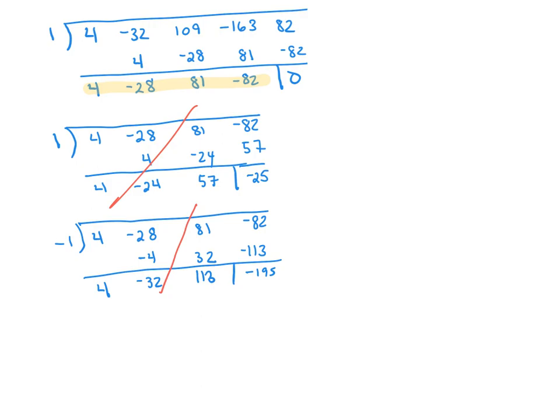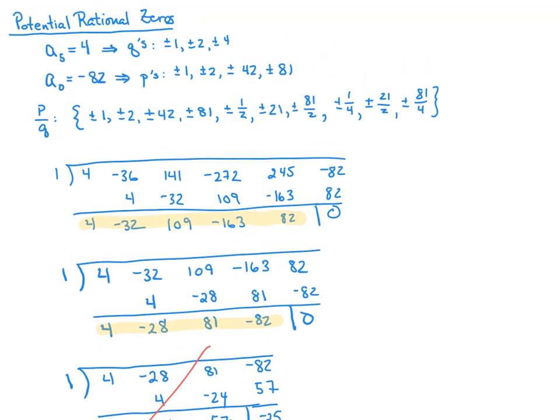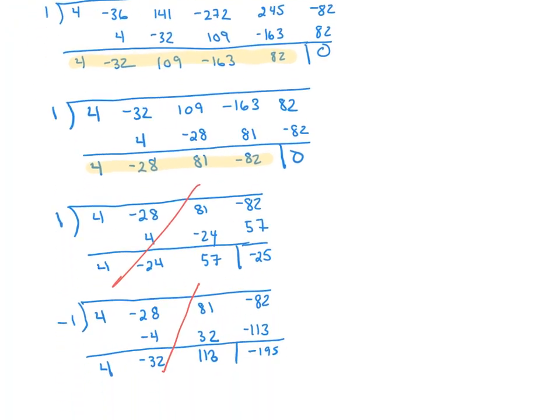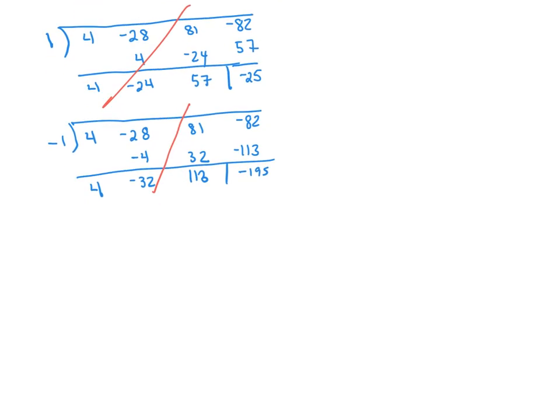So let's now check. Let's see what's the next number in our list. Positive 2. So we'll try the same depressed polynomial, 4, negative 28, 81, negative 82.